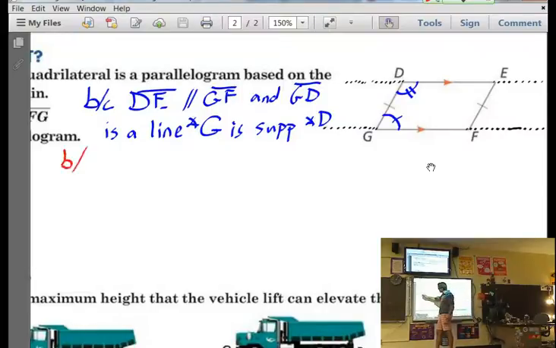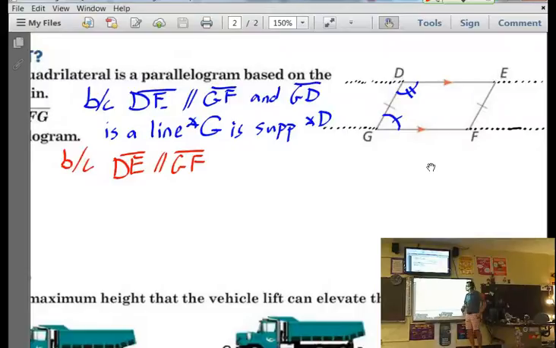So another because statement that we have is because DE is parallel to GF and GD is congruent to FE.